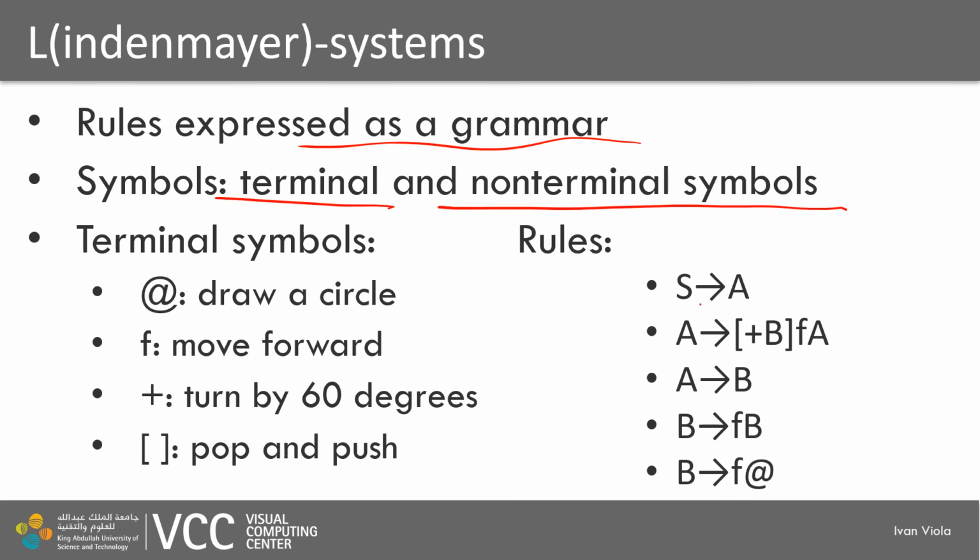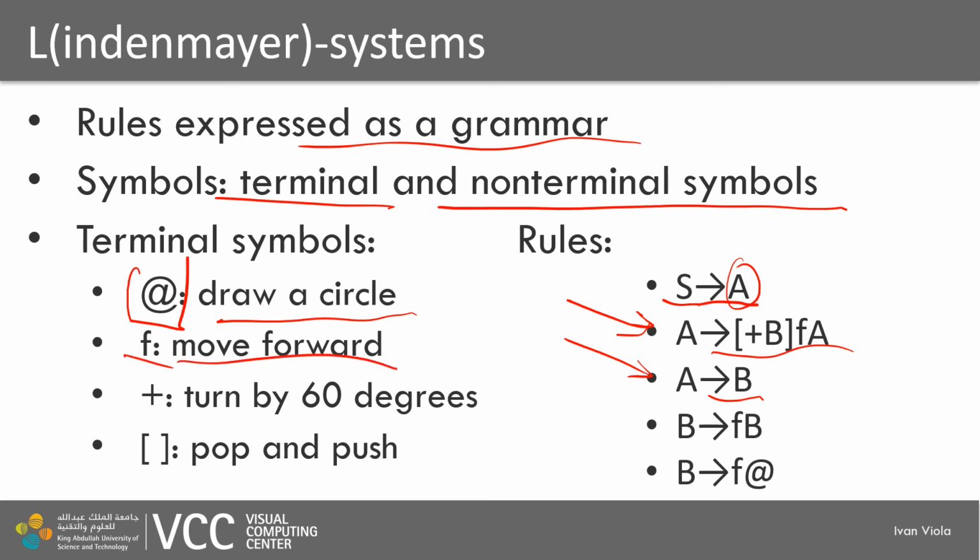So we typically start with the symbol S as a start, and this S is then transformed into just one non-terminal symbol A. And we can see two so-called production rules here, where the A can be either changed into another non-terminal symbol B, or a more complex set of non-terminal and terminal symbols as described here. The terminal symbols here are the following. The at sign will be the draw a circle command.